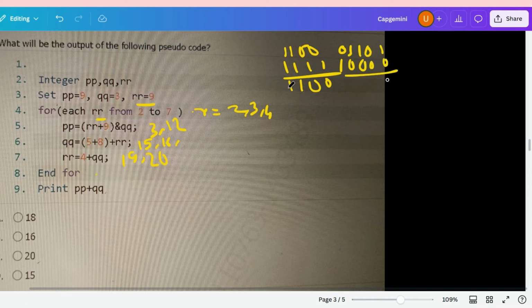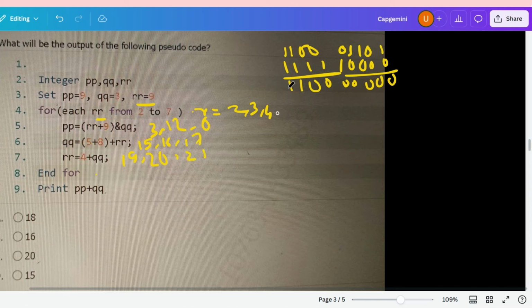So one statement is false, so this is false, false, false, false, false, because if any statement is false, then the whole statement will be false in the case of AND operation. Sorry, bitwise AND operation. So for 9 plus 4, 13, and 16, the answer is 0. So this will be 17, and this will be 21.